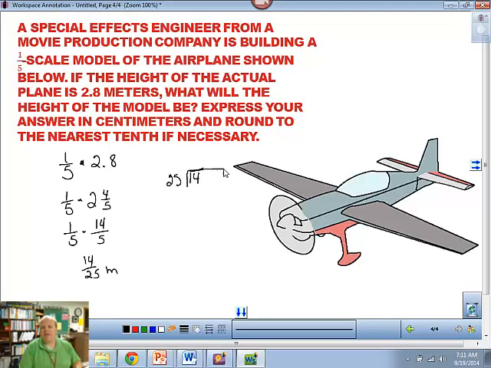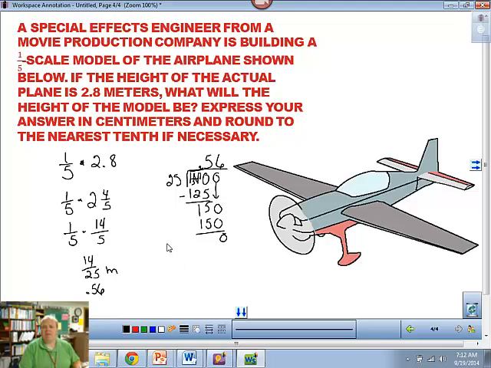Okay, 25 doesn't go into 14, so I have to add a decimal and a 0. 25 goes into 140 5 times, because that's 125. Okay, I'm going to subtract. I have to borrow. 10 minus 5 is 5. 3 minus 2 is 1. Bring down another 0. 25 goes into 150 6 times. That's 150. I'm down to 0. So 14/25 is 56 hundredths.